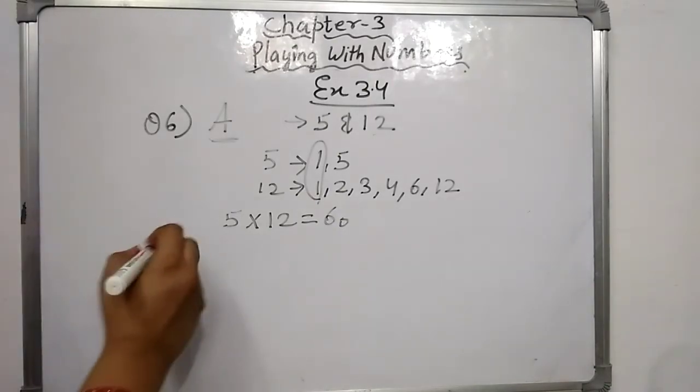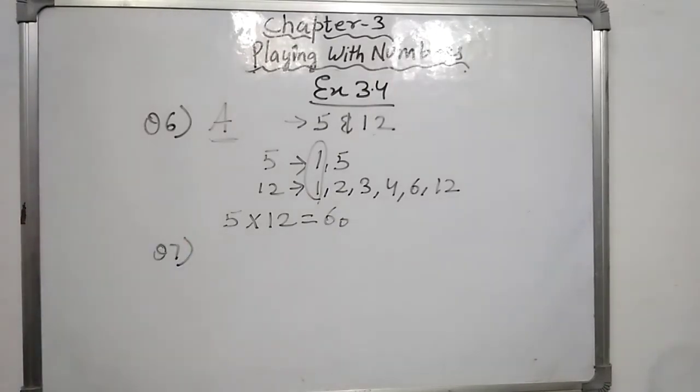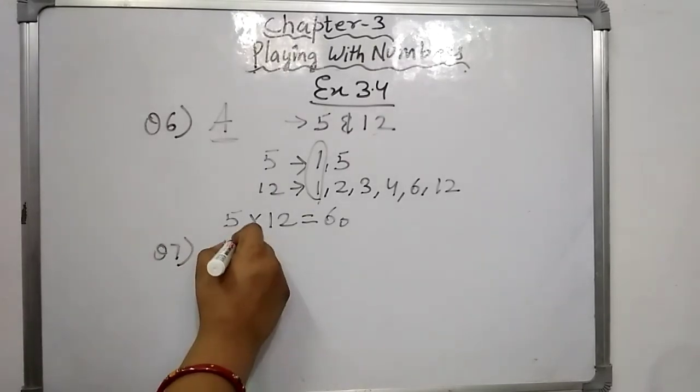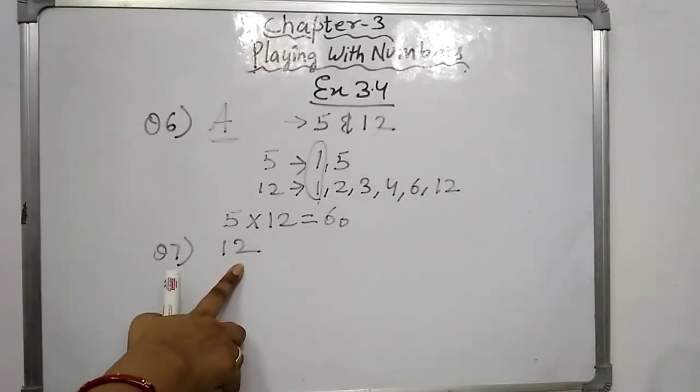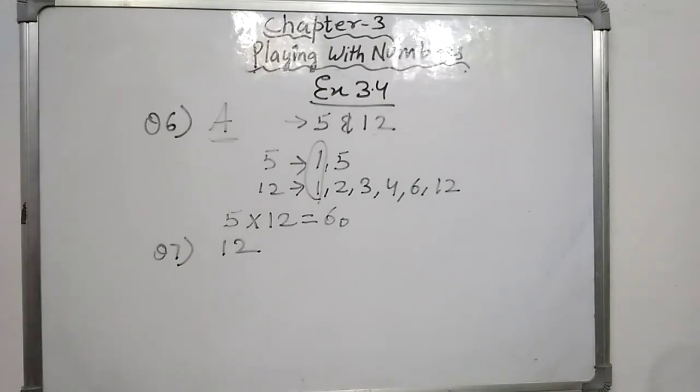Alright, last question. A number is divisible by 12. By what other numbers will that number be divisible? If any number is divisible by a given number, as in this question, the number is divisible by 12, then that number is also divisible by all the factors of 12.